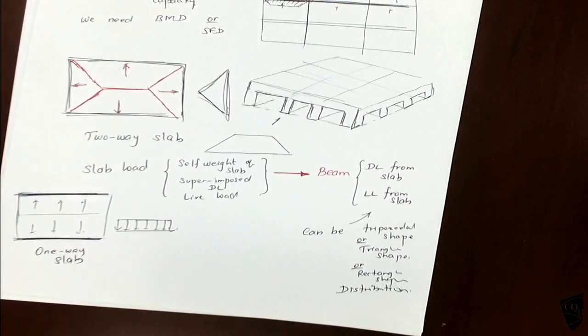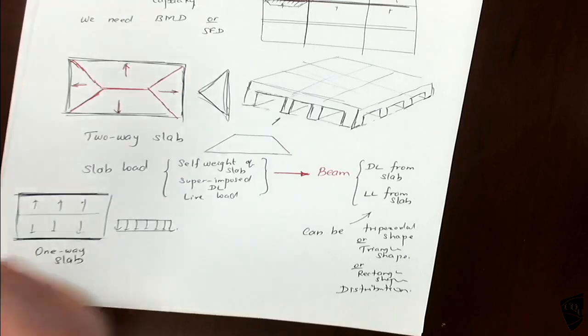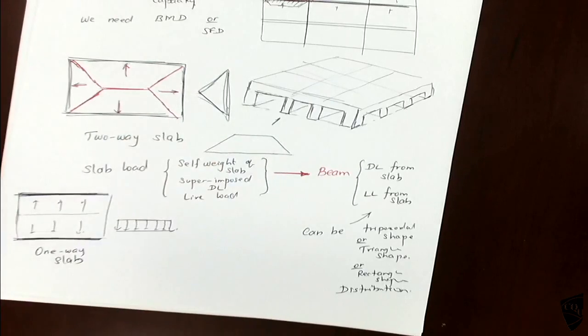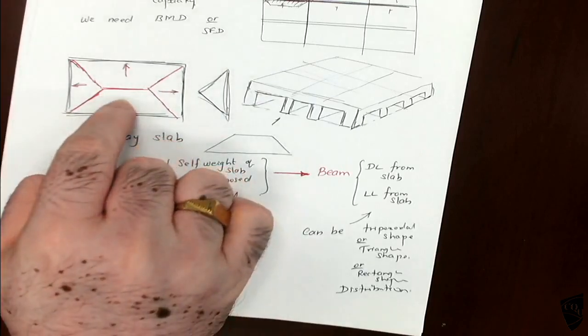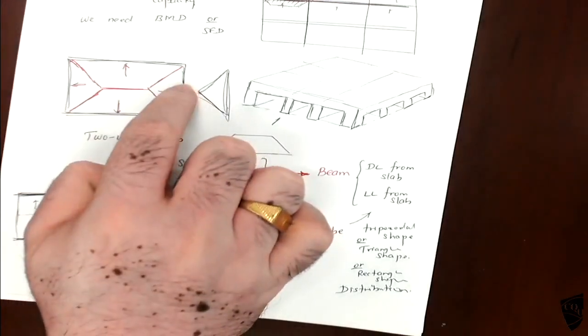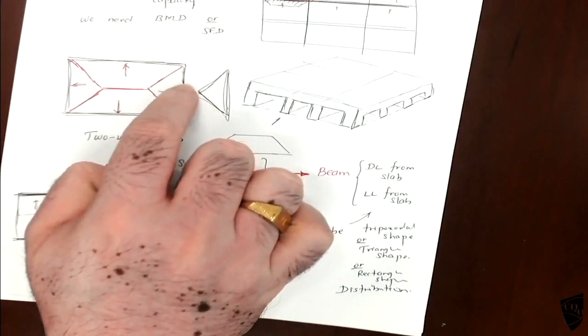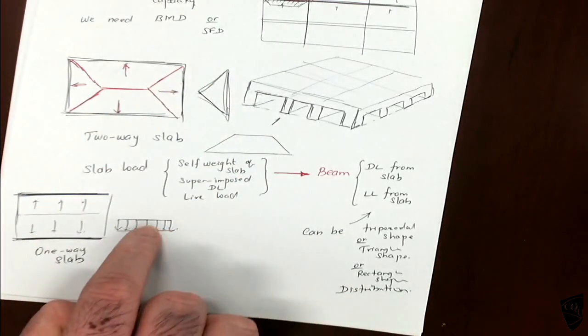You get it? So the beam can be either one way or two way. There's no other ways. Okay. So depending on that, if you consider one beam, the load distribution can be either trapezoidal shape, triangle shape or rectangular shape.